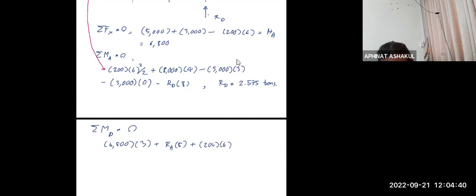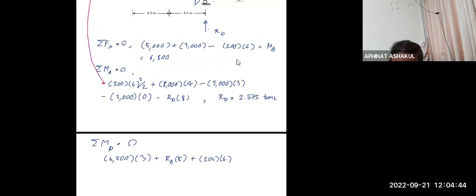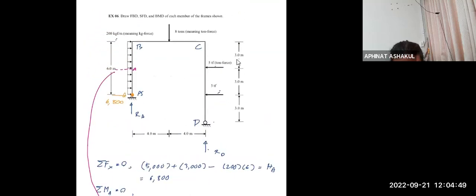But you can't do the 6 square over 2 anymore, because look at this. This is your uniform load, right? And that's going to give you the pink one. But this time, because you take moment at D, your moment arm with respect to D becomes this one. So it's 6 meters, okay?